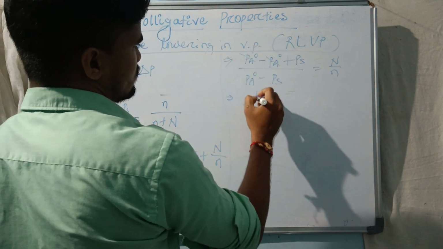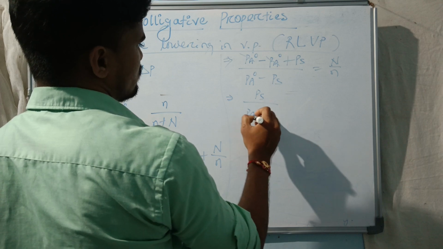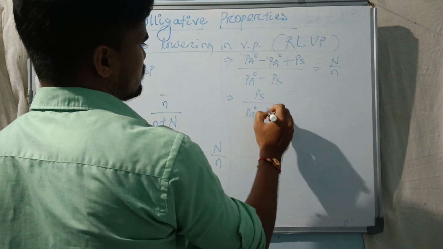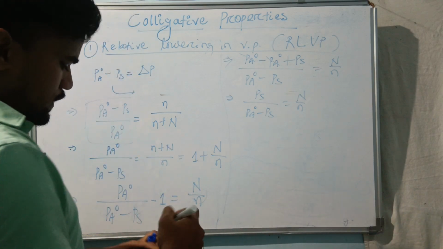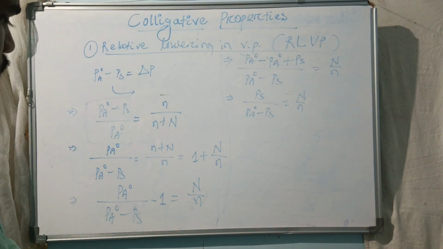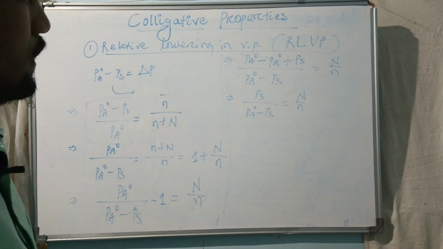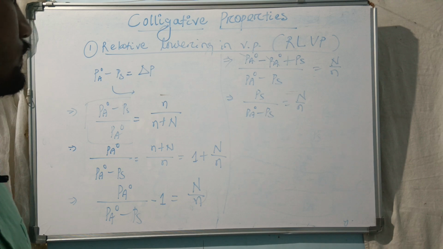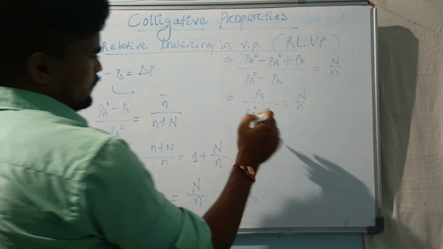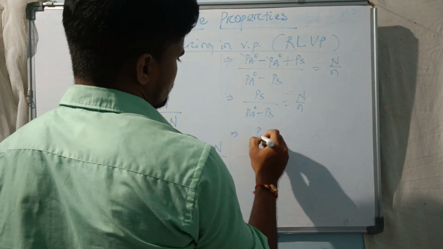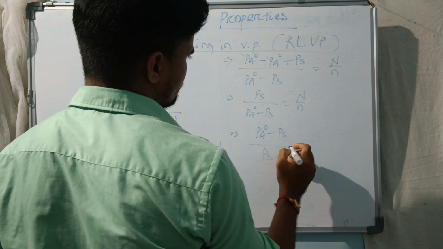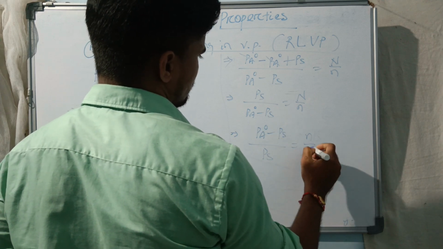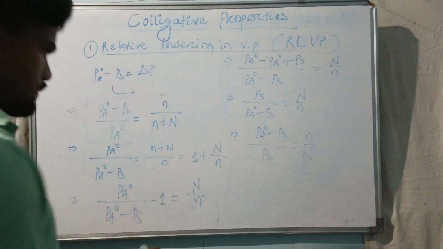What is left? PS upon PA naught minus PS is equal to N upon n. Clear? So again it will change: PA naught minus PS divided by PS is equal to n by N.